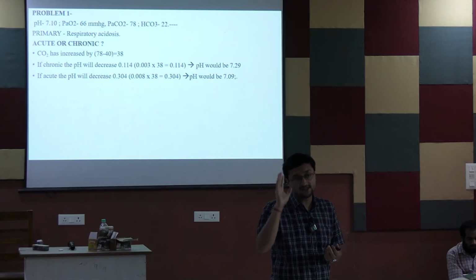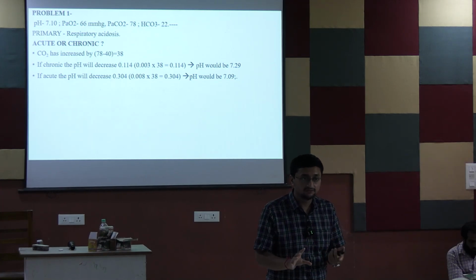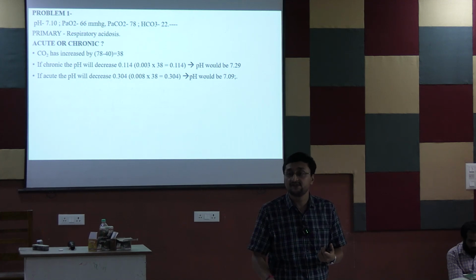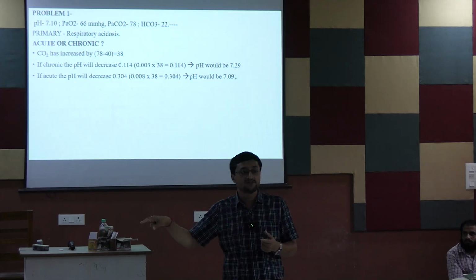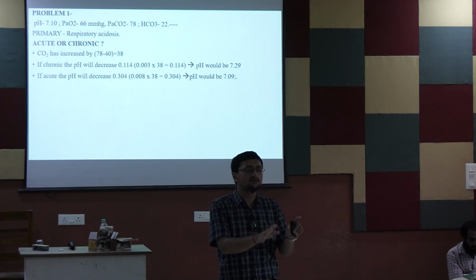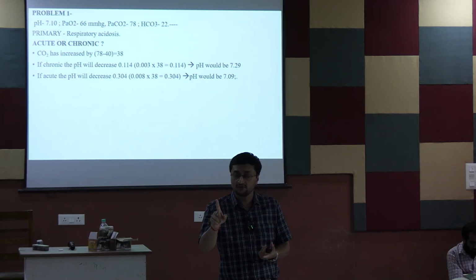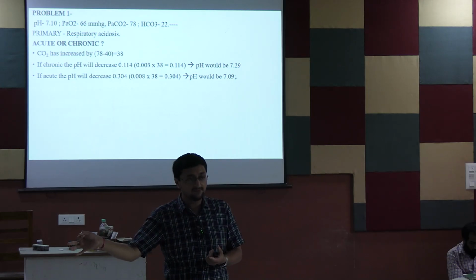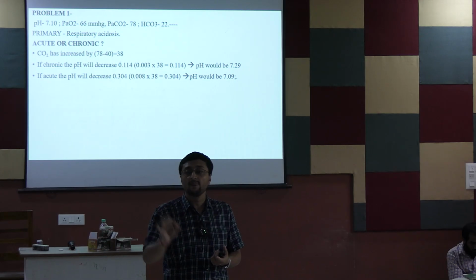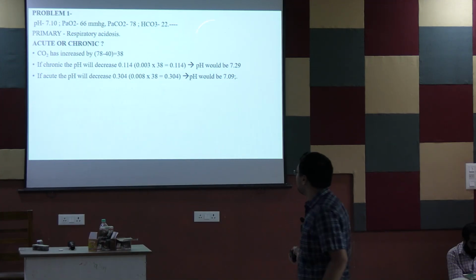এটা খুব ক্লিয়ার করতে হবে, কারণ এইখান থেকে যদি তুই বুঝতে না পারিস তাহলে কিন্তু গোটা এবিজি কিচ্ছু বুঝতে পারবি না। ক্লিয়ার? 0.08 into delta PCO2, that means pH minus 0.304, that means around 7.0 to 7.1, এটা হচ্ছে pH হওয়া উচিত if this is acute, and if this is chronic তখন 0.03 দিয়ে মাল্টিপ্লাই করতে হবে, that means it will be around 0.114, so the pH will be around 7.29.